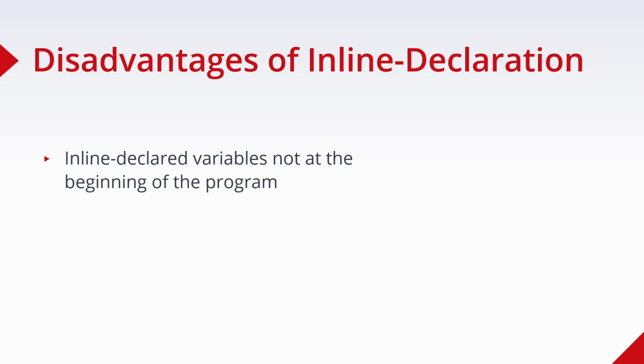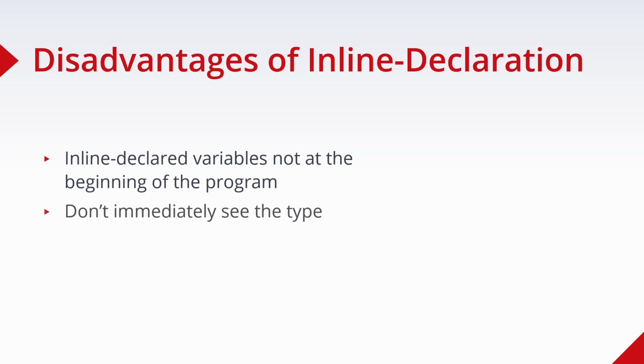And if you don't declare your variables at the beginning, then it makes it a bit harder to read your code, because then you have to go through the code to see what kind of variables are being used. So I think this is a really great disadvantage you still have to be aware of.